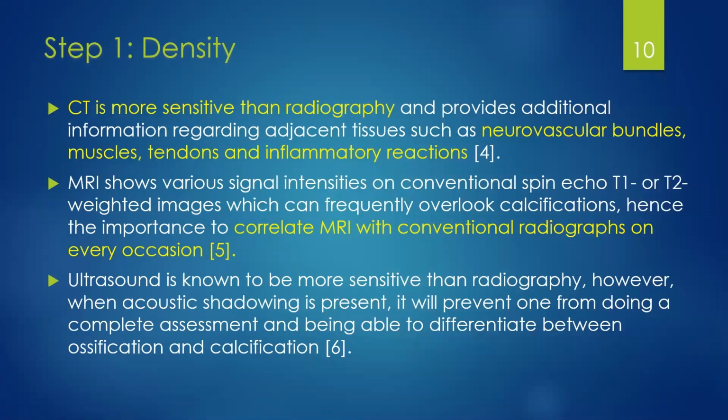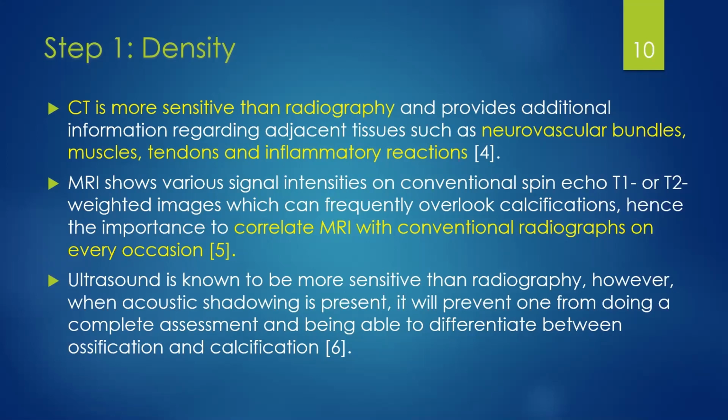CT is more sensitive than radiography for almost everything and provides additional information regarding adjacent tissues, such as the location of neurovascular bundles, muscles, tendons, and inflammatory reactions.